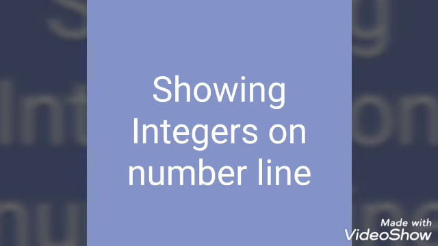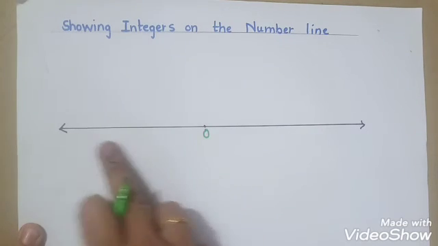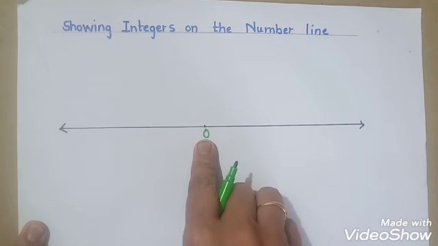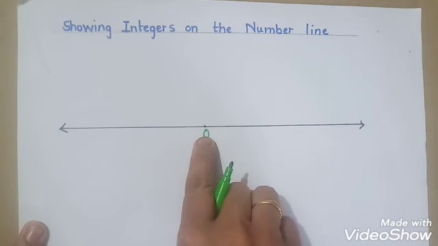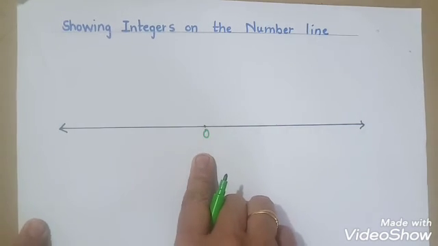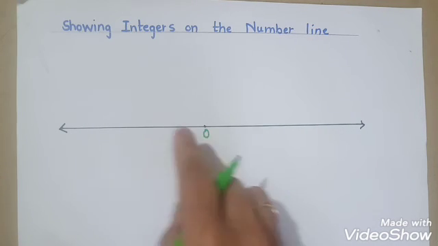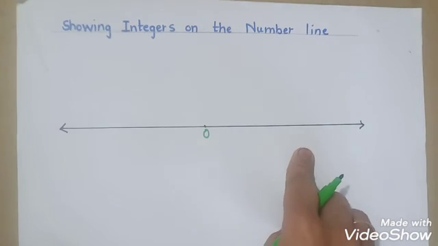Now let's learn how to show integers on the number line. Look here, this is a line and the point on a number line which is marked as O is the origin. Now we are going to mark the points on the left and the right of the origin at equal distance.